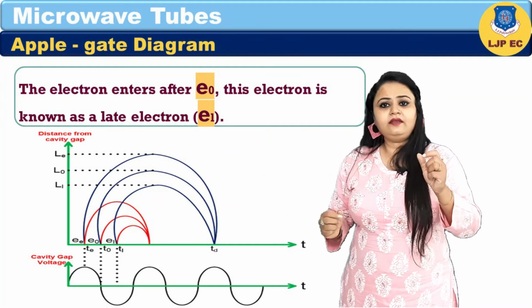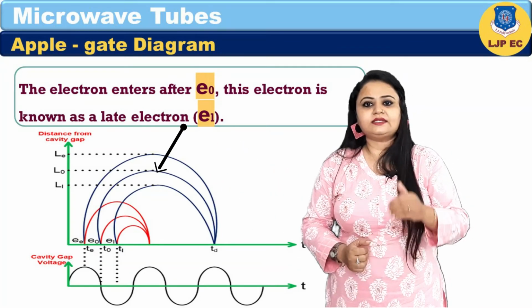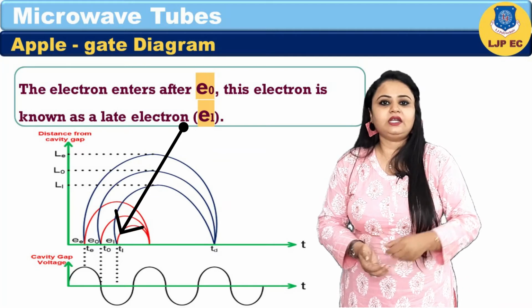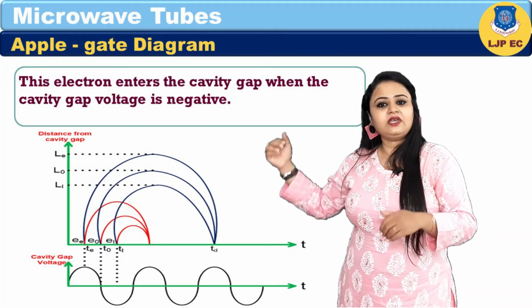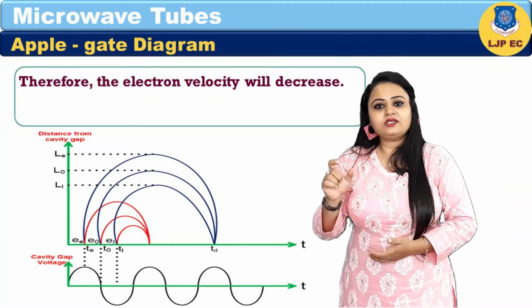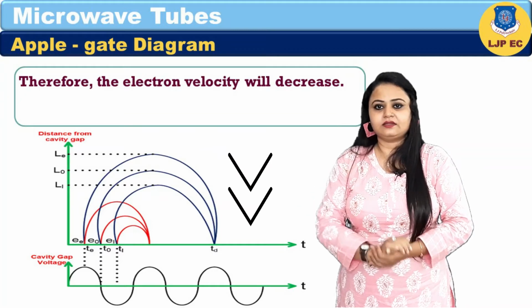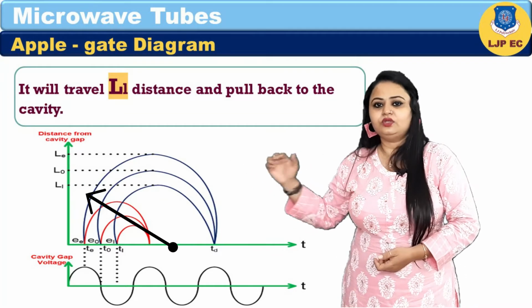The electron that enters after E0 is known as the late electron, indicated by EL. This electron enters the cavity gap when the cavity gap voltage is negative. Therefore, the electron velocity will decrease. It will travel LL distance and be pulled back to the cavity.